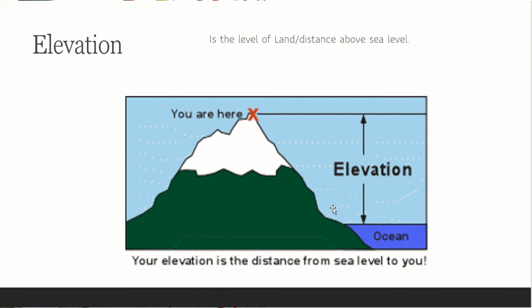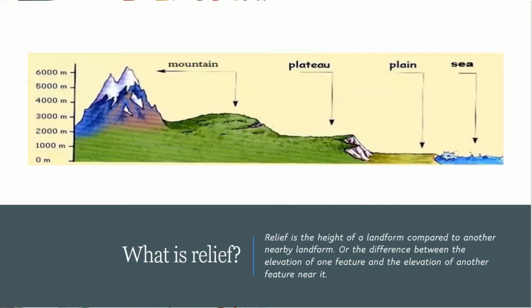But how do we calculate the difference between these two elevations, and what is it exactly called? You can see here you will find the different elevations: sea level, plateau, mountain, and the peak of that. Now, each level of the land has a difference.